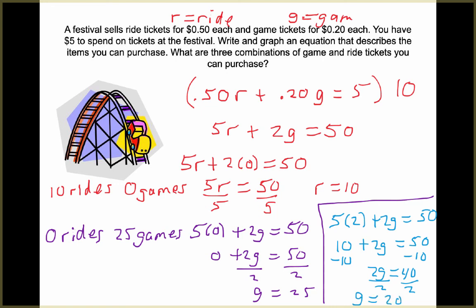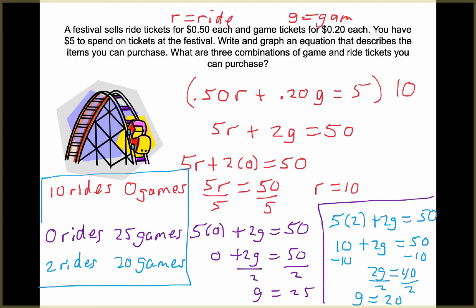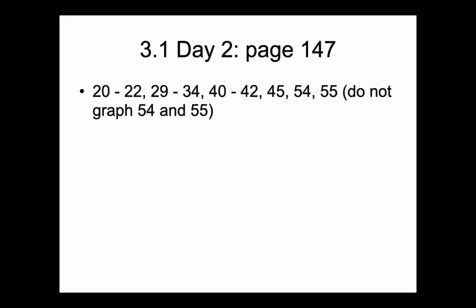So we have another combination that does work. 2 rides and 20 games. So there's 3 combinations. There's other combinations that work. What I recommend, if it ever asks you to find combinations that work, try your intercepts first. Set one variable at a time equal to 0 and solve for the other one.